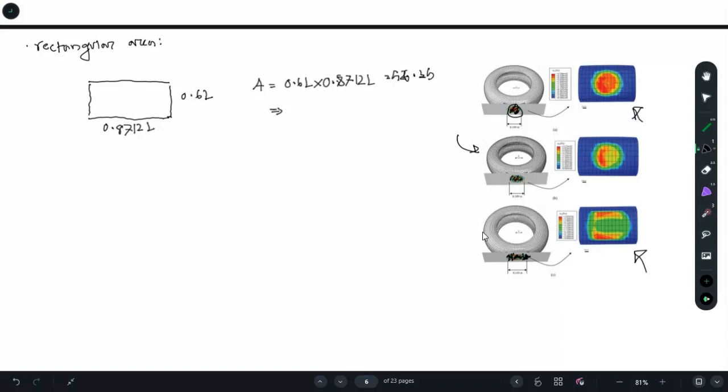So from there you will get the dimension L. We'll divide 56.25 by 0.6 multiplied by 0.8712, and then we'll take the root of that. We'll get a length of 10.37.